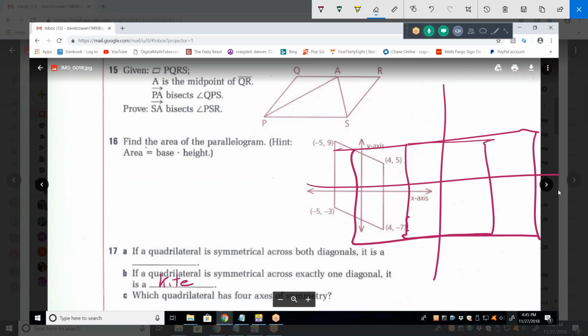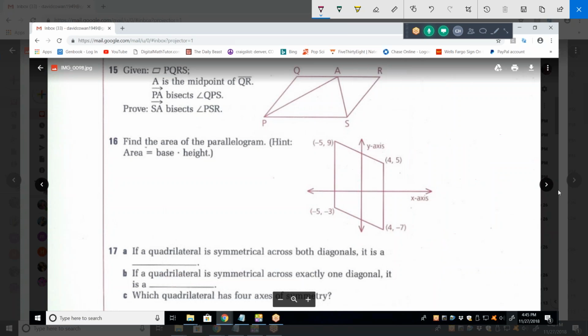Now, does it have to be a square? A kite, no. No, that's not symmetrical, all 4 directions. The first rotation would leave something like that.